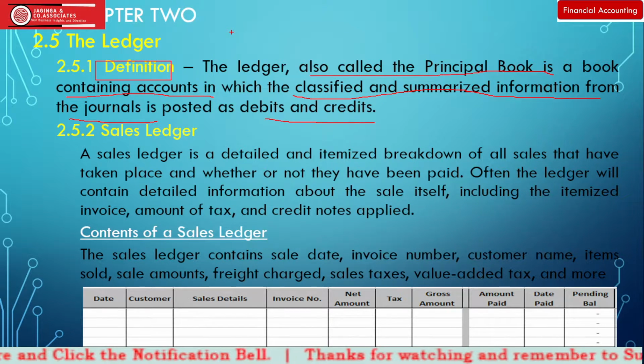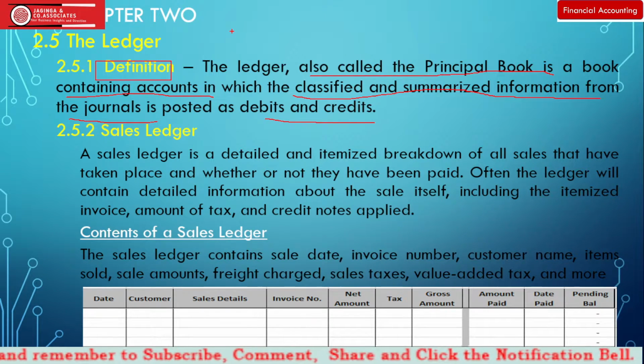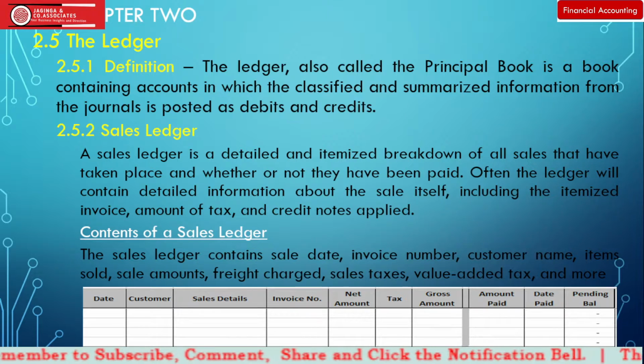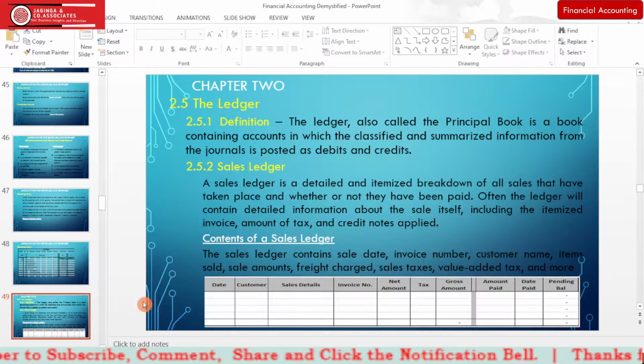It goes to journals. Then from journals we go to the ledger. So the ledger here is a principal book containing accounts in which classified and summarized information from the journals is posted as debits and credits. To make this much clearer, let me just take you to the Excel workbook and talk about the same accounts.